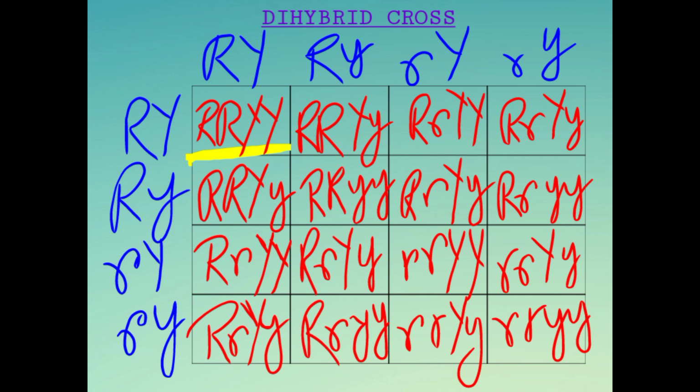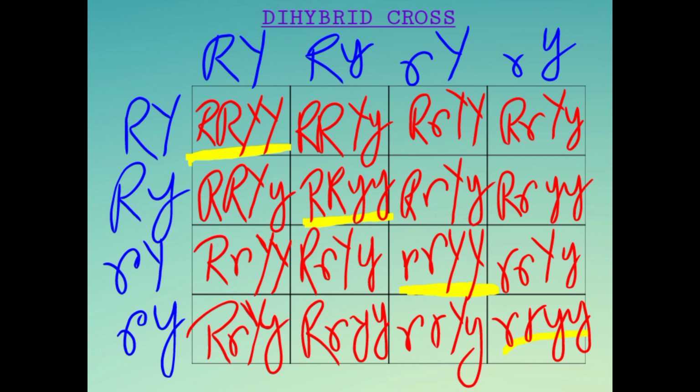If any of the boxes has capital R and both small y, it will be giving you green and round. If it is both small r and both capital Y, you will be getting the wrinkled and yellow colored.